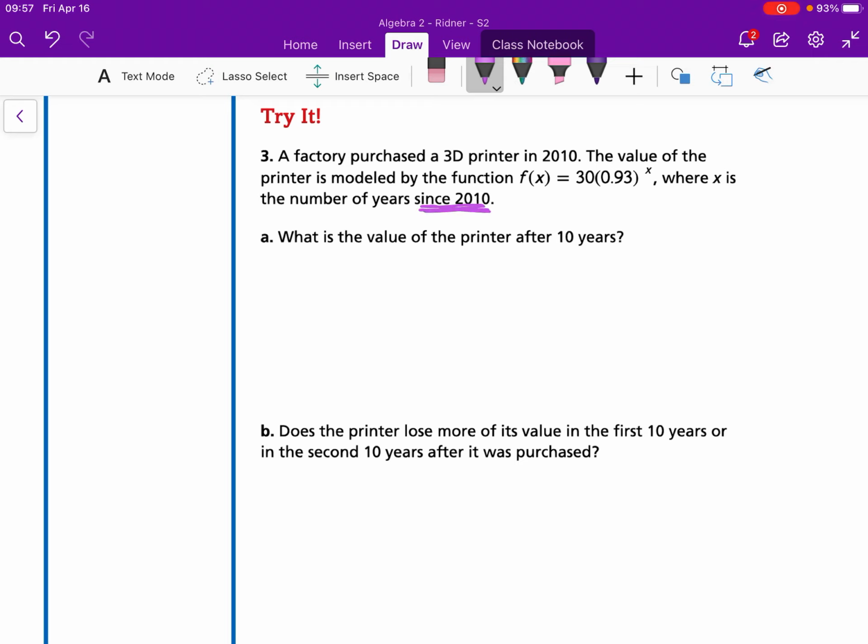It's only hard whenever they're like, what about in 2020? You have to know that that's 10 years later. That makes it hard. Backing up, we're going to graph this, and then we're going to find out when x, or after 10 years, so x is 10, we're going to figure out what y is.